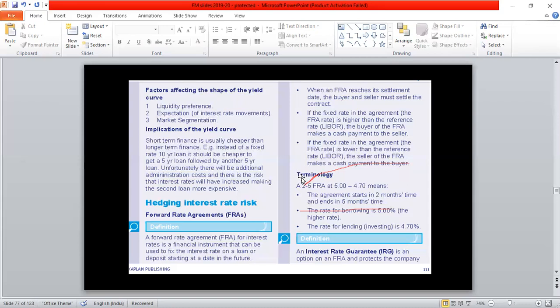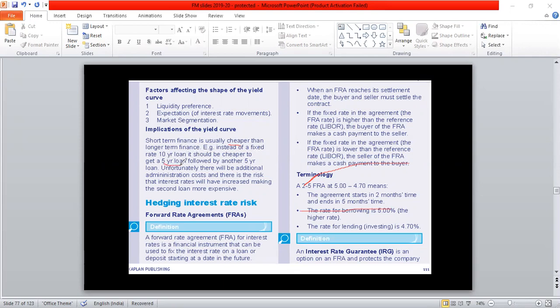Implication is given. Implication says that short-term finance is usually cheaper than long-term finance. We have understood that earlier also. So instead of a fixed rate 10-year loan, it should be cheaper to get a 5-year loan, followed by another 5-year loan.